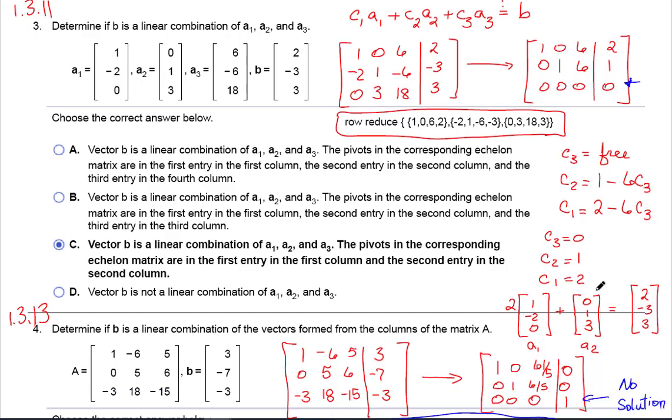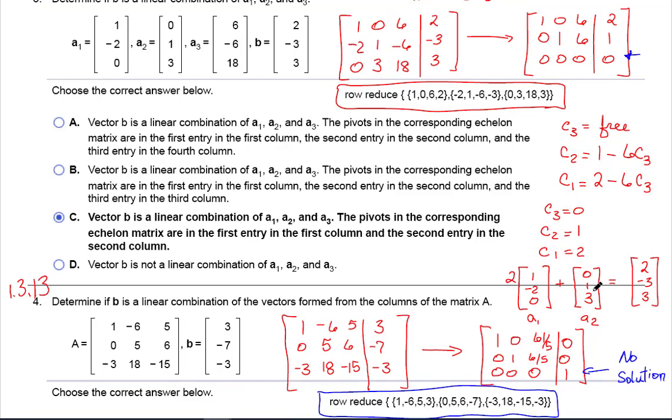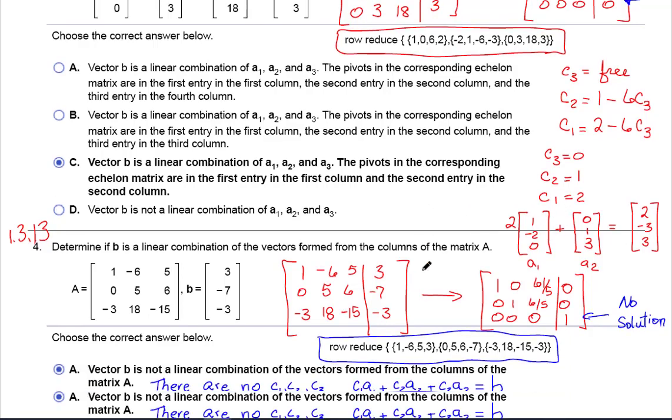So for example, if I let C3 be 0, C2 would be 1, and C1 is 2, and you can see 2 times A1 plus C2 is B here on the end, 2, minus 3, 3. All right, so yes, it is possible. It is a linear combination.